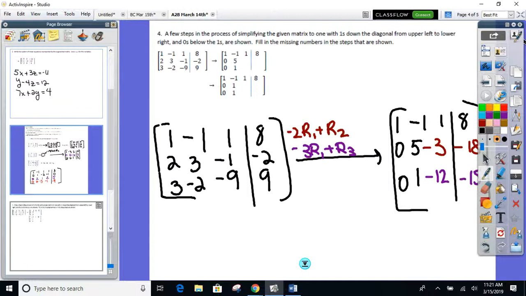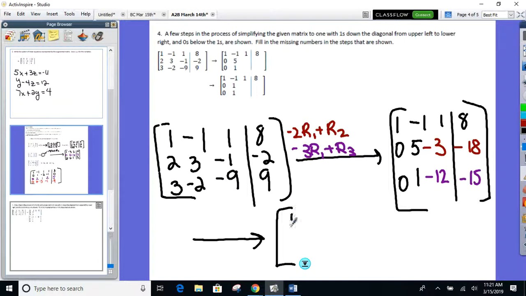Everyone all good? All right, now we're going to take this matrix and try to make it look like the third one. 1, 0, 0, negative 1, 1, 8, 1, 1. What's the only difference between these right now? Show me the only difference. Making this 5 into a 1.